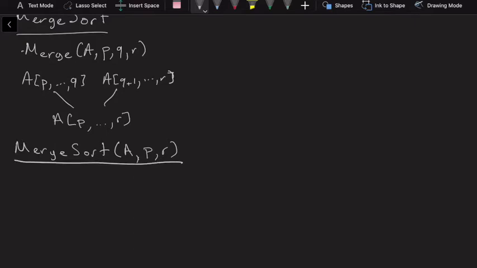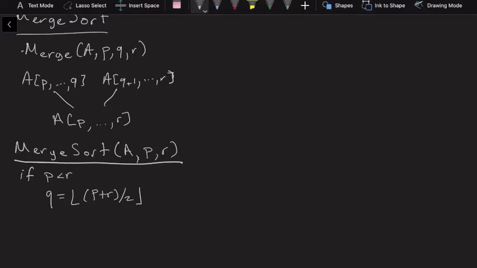What we would do was check if P was strictly less than R. And if that was the case, then we would find the midpoint, which would be Q, the floor of (P plus R) divided by 2.